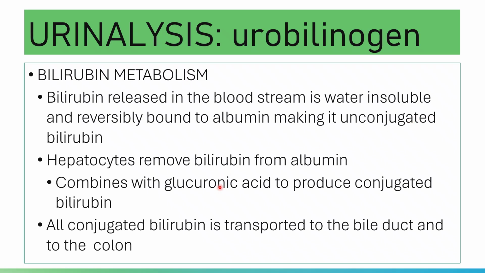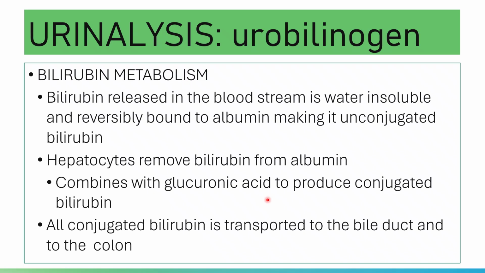The bilirubin will combine with glucuronic acid to produce conjugated bilirubin, otherwise known as bilirubin glucuronide or bilirubin diglucuronide. This conjugated bilirubin is transported to the bile.